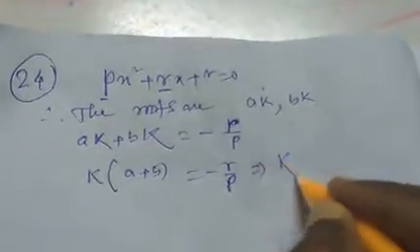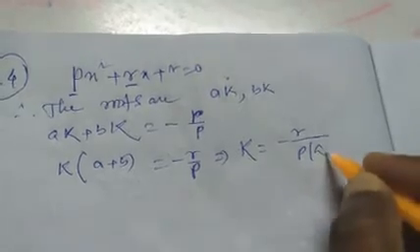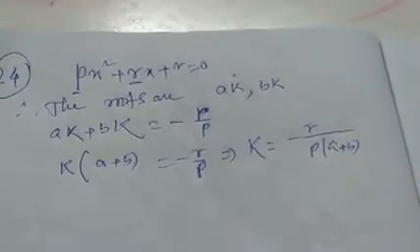So therefore k is equal to minus q by p times 1 over (a plus b).